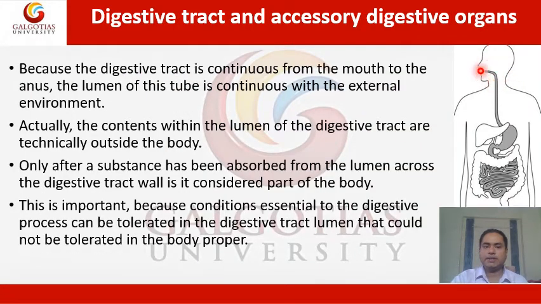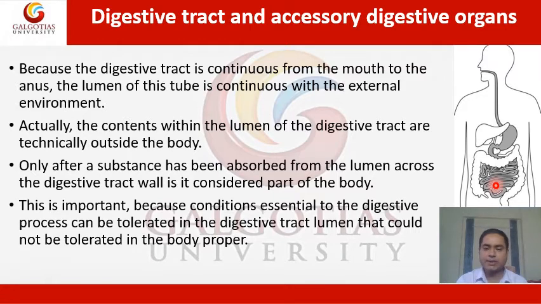Because the digestive tract is continuous from the mouth to the anus, the lumen of this tube is continuous with the external environment. Actually, the contents within the lumen of the gastrointestinal tract are technically outside of the body.